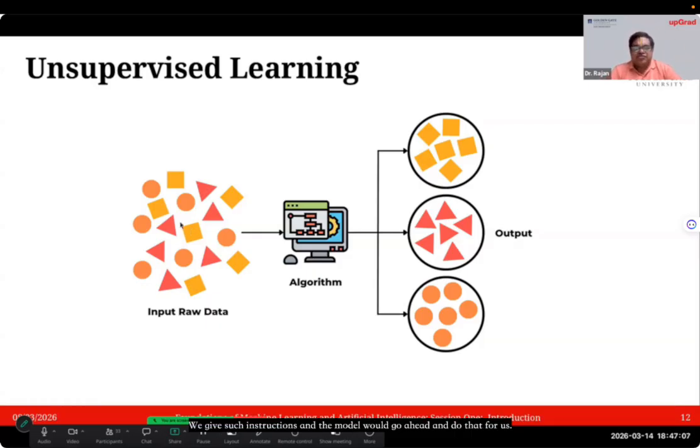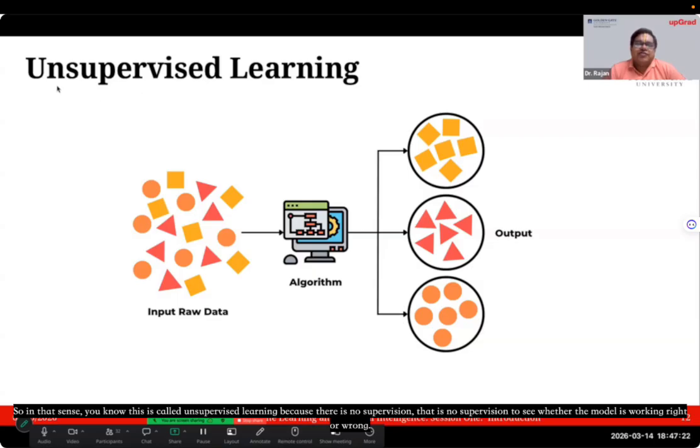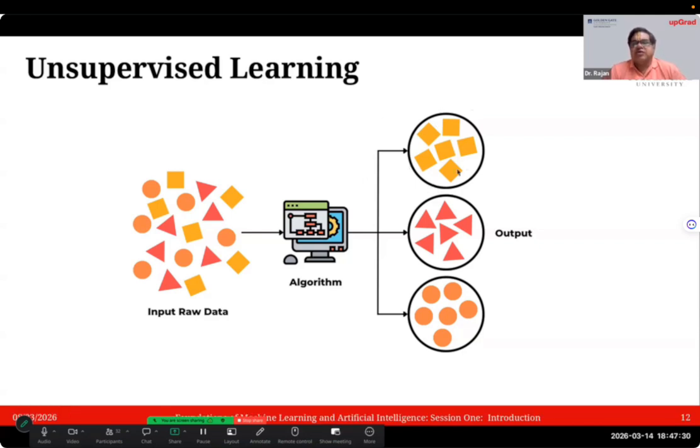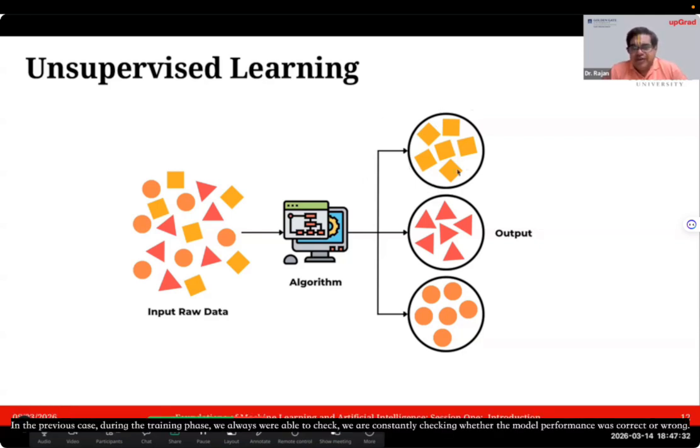We give such instructions and the model would go ahead and do that for us. It's not necessarily learning here, but we use the term learning anyway. It is called unsupervised learning because there is no supervision to see whether the model is working right or wrong. In the previous case, during the training phase, we were constantly checking whether the model performance was correct or wrong. So that was supervised. This is unsupervised.